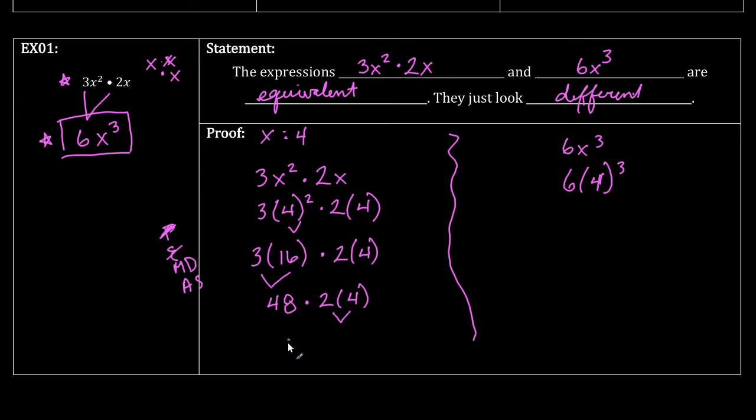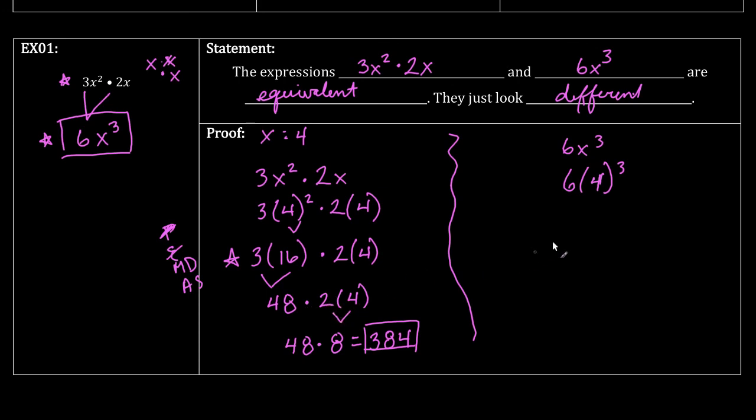Is 8. So 48 times 8 equals 384. Just so you know, at this step right here, I like to do both of these at the same time just to get them out of the way. But remember, at this point, you can just multiply from left to right. I could have done 48 times 2 at that point.